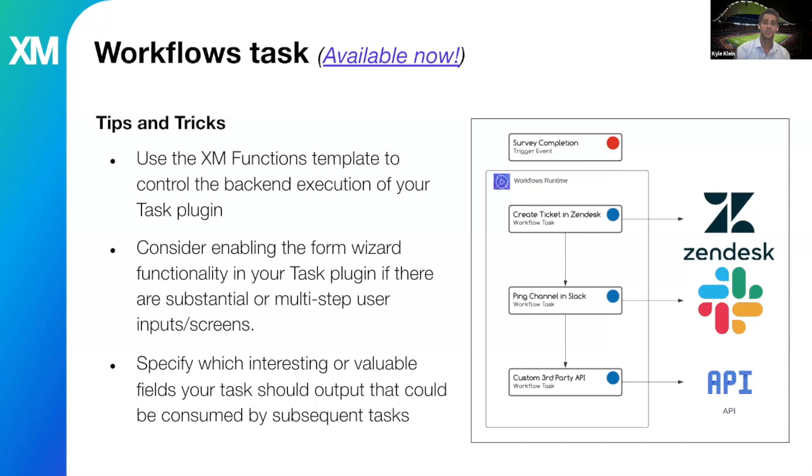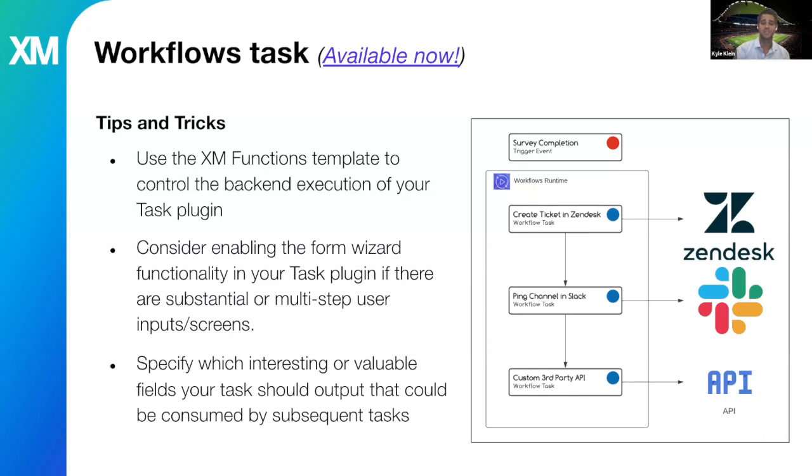The first point is that if you have a lot of either complex user inputs or multi-step user inputs in the UI, then we have a wizard component that allows you to do multiple pages. That's something you should consider based on how your UI progresses.